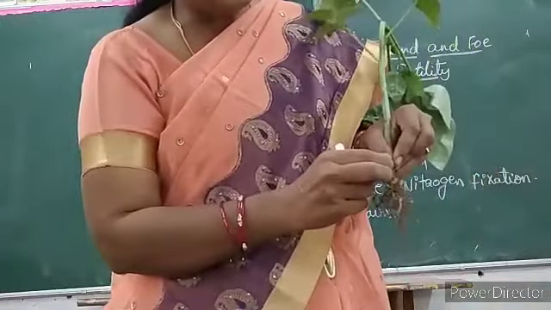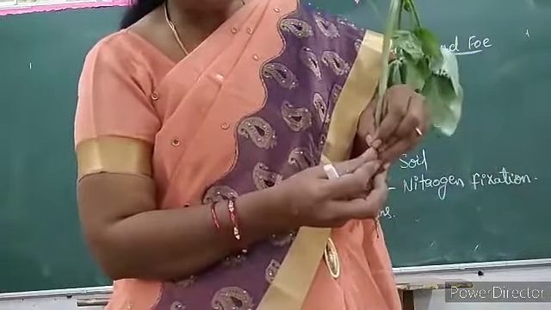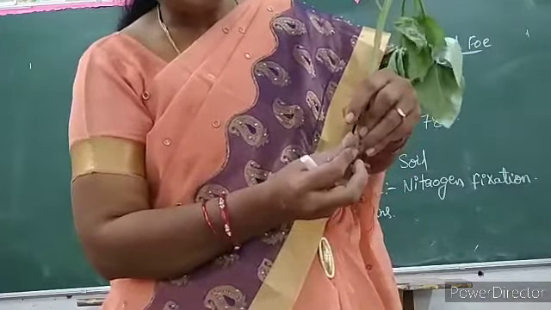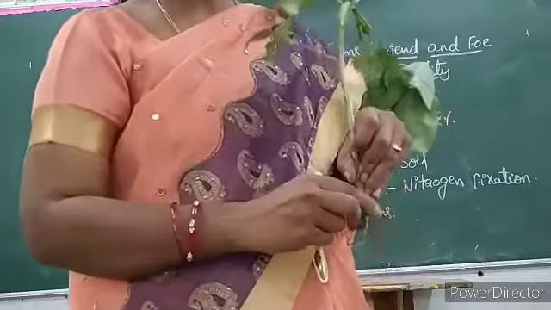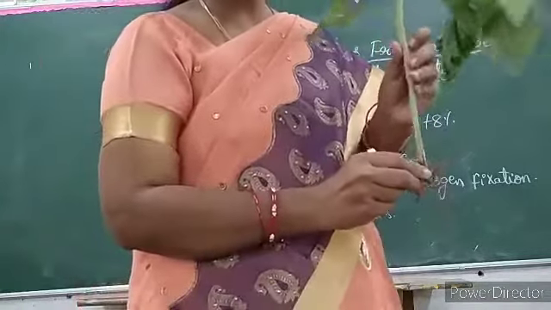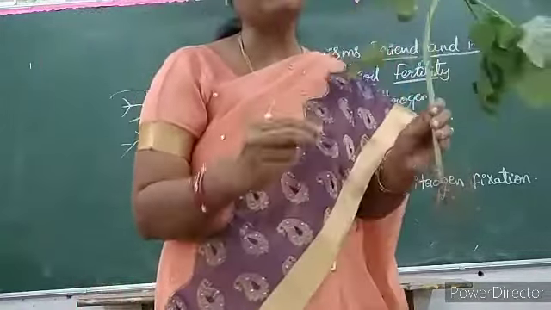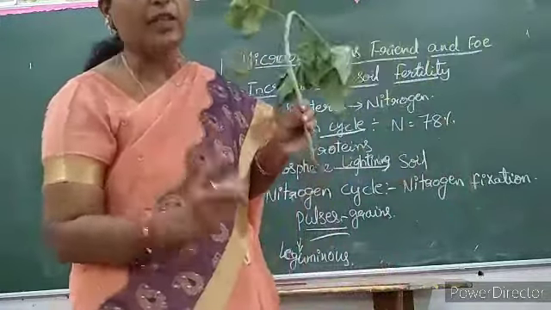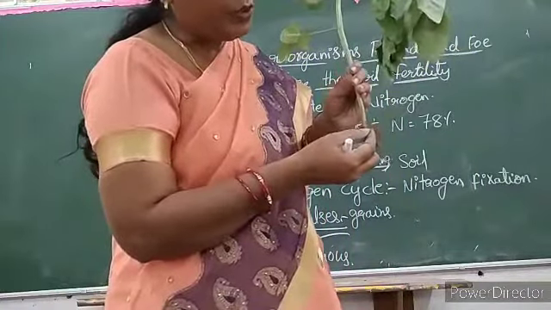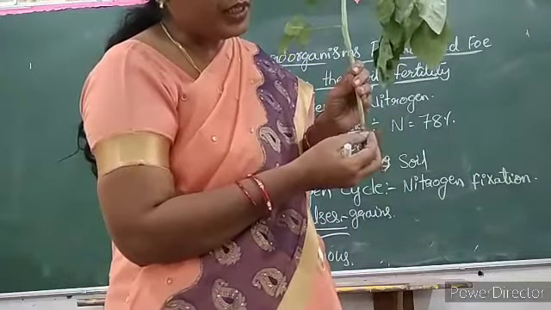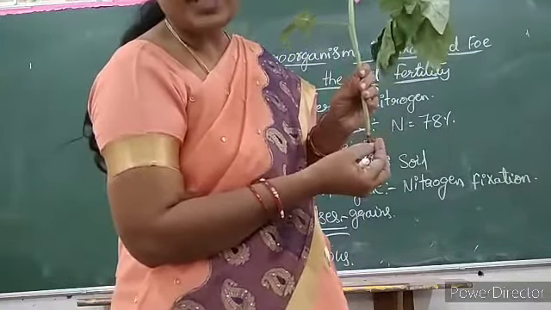Open this root nodule with a needle and keep it on a glass slide. When you come back to school, we will definitely do this experiment, keep it on a glass slide and observe it under the microscope. When you cut and open this, you can see some bacteria inside.